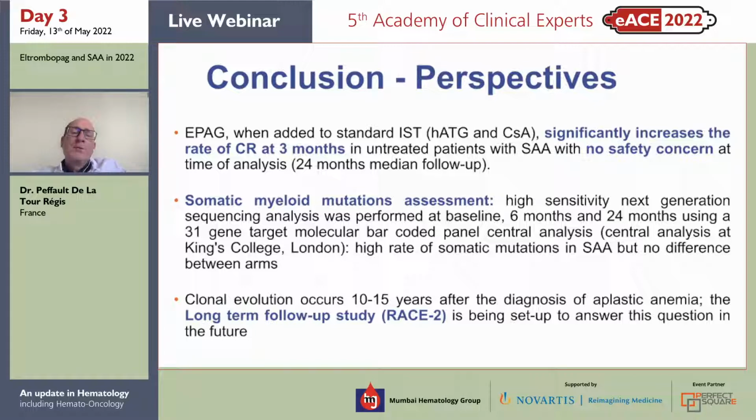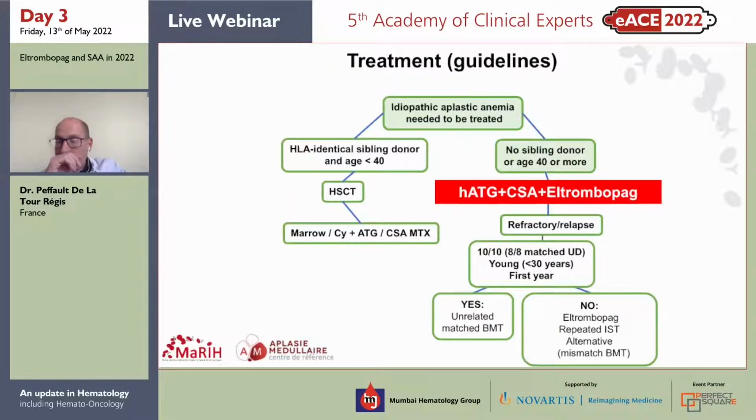Finally, last but not least, clonal evolution usually occurs 10 to 15 years after diagnosis. And what we are doing now is following those patients carefully and prospectively to see if, 10 years from now, there will be higher rates of clonal evolution, namely AML and MDS, in patients who are exposed early to eltrombopag.